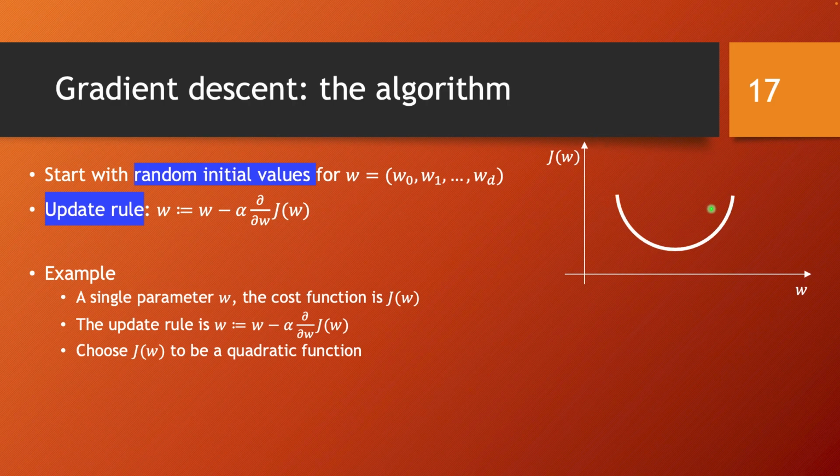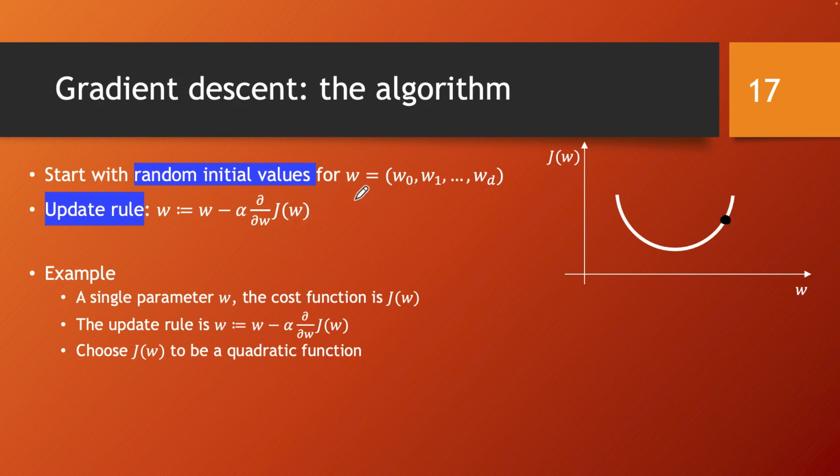Again, the cost function in my example is going to be this quadratic function, and you are going to have this initial step, and let's say that maybe you are starting in here. Your update rule is going to tell you that you need to calculate the partial derivative. In our case, because we have a single parameter, that's the standard derivative of the loss function.